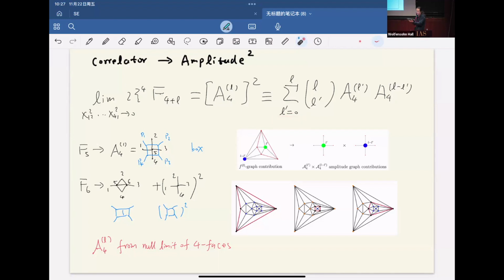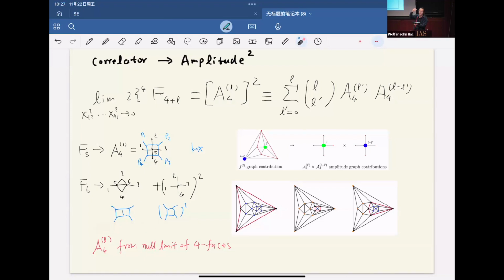Okay, so in this example, we see that the five-point correlator, if you take 4 of the points and take the light-like limit, that gives you a one-loop amplitude. As many of you are very familiar with, the one-loop amplitude is a box integral. And then this 6-point correlator, if you take this limit, it gives you the 2-loop amplitude, which is a double box, but also one-loop squared with the correct coefficient, this box squared.